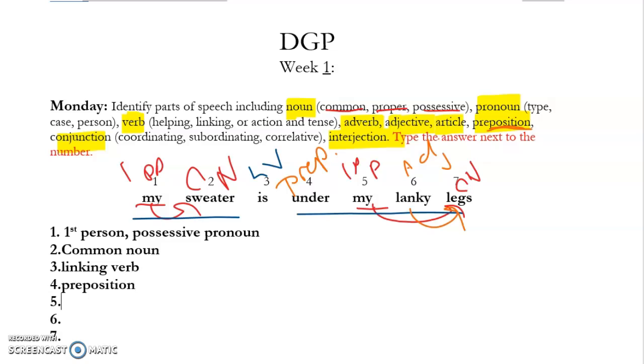Number five is a first person possessive pronoun. Number six is an adjective because it's describing our legs. And number seven is our common noun. So those should be our answers for our Monday DGP.